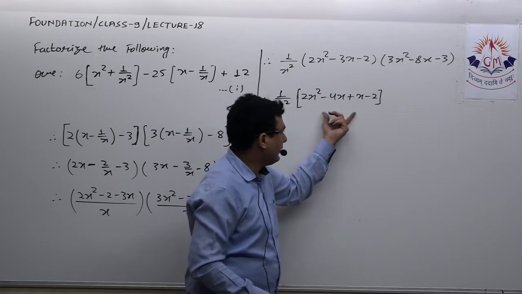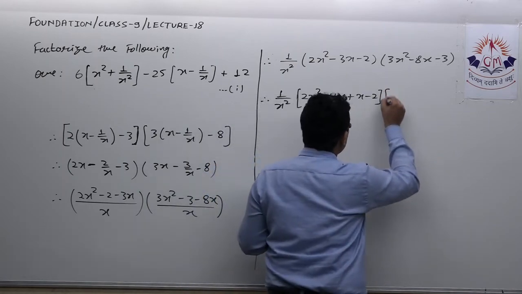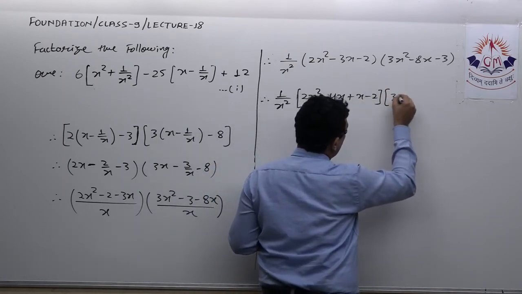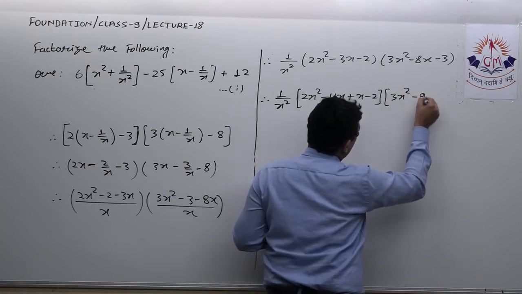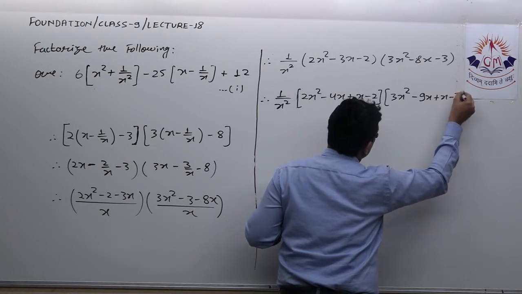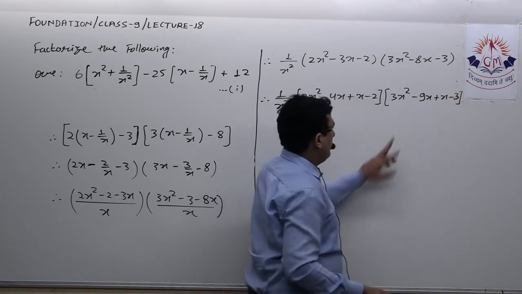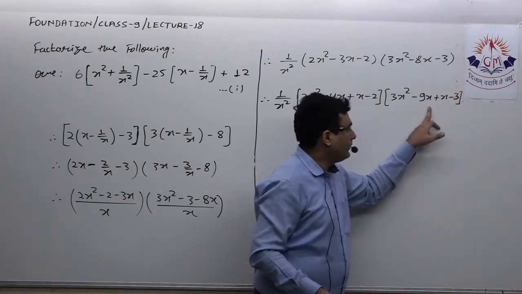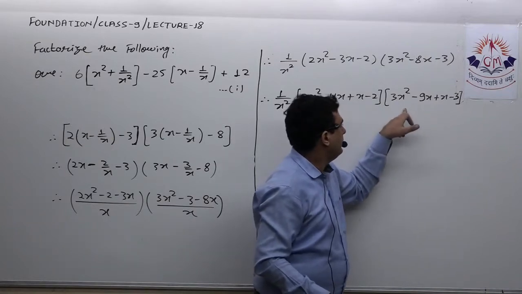That means these two factors are absolutely correct. These two terms are absolutely okay. So now here again 3x square minus 9x plus x minus 3. Okay, so again minus 9x plus x is minus 8x.